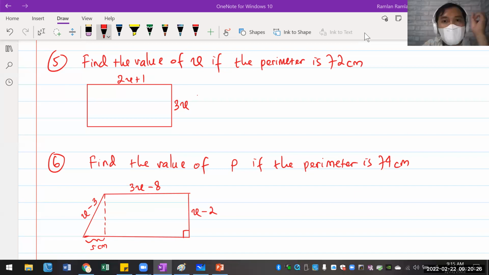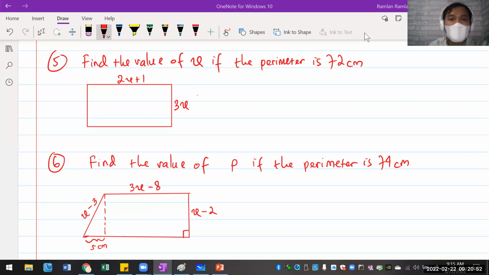Okay, maybe I'm going to show you a little bit, but after that, I'm going to erase it. I'm going to show you a little bit on how to do number 5 and number 6. Remember that when we're talking about perimeter, it's actually just adding all of the sides. So if we have 3x in here, this side over here is also 3x, and this is 2x plus 1, so this is also 2x plus 1.